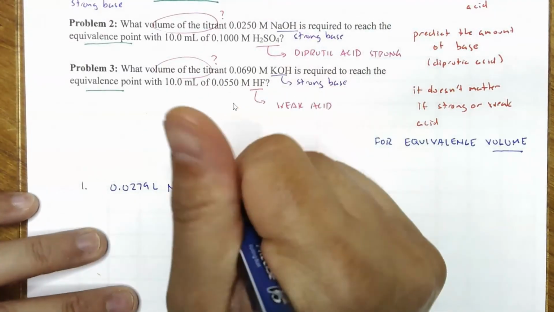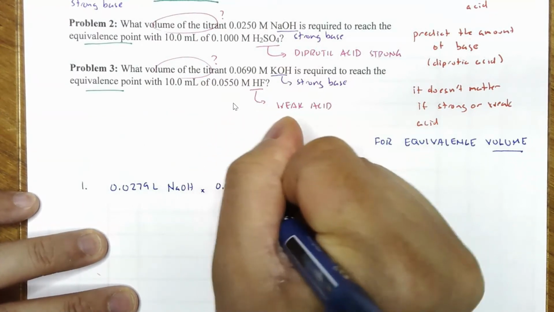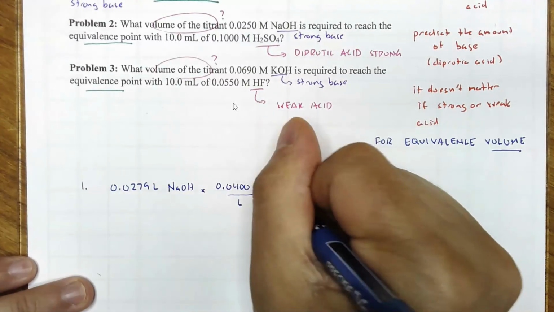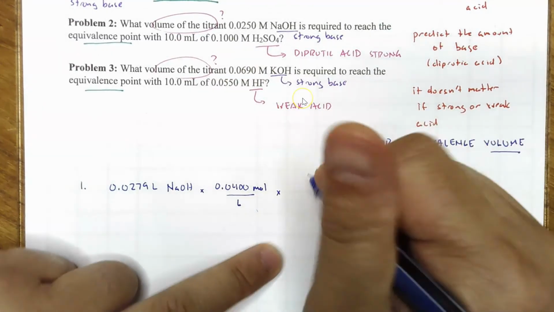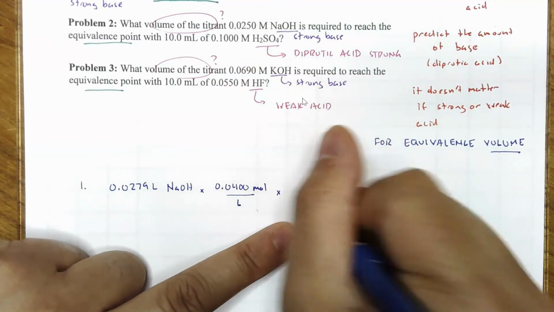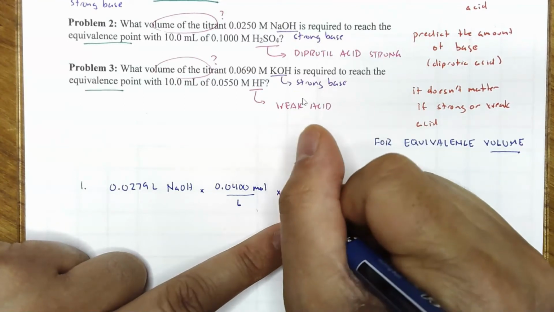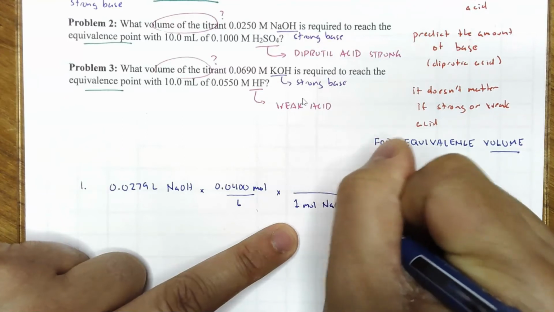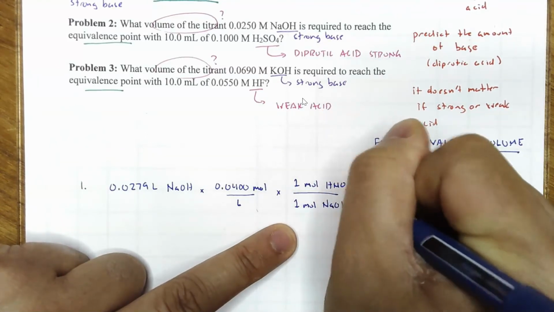We have a molarity, so we'll have moles on top because we can cancel out liters on the bottom. And now here's the trick. We know that we need 1 mole of NaOH to neutralize 1 mole of HNO3.